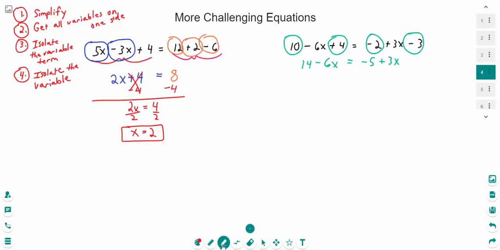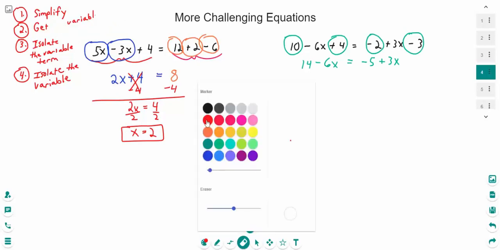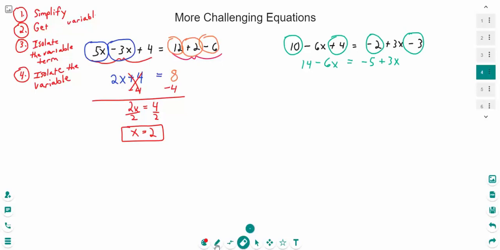Okay, maybe, you know what, a better way to say that is going to be just get, because it's really only one variable. Let's say get the variable on one side. That actually makes more sense. Get the variable on one side.